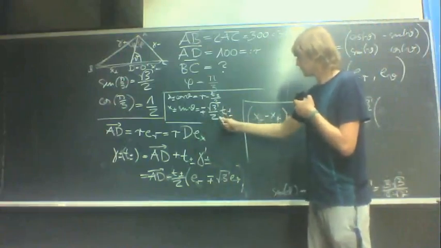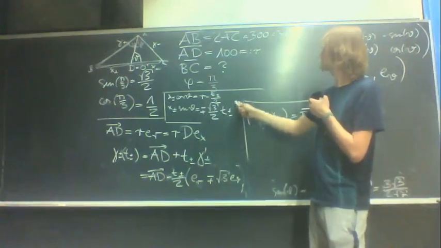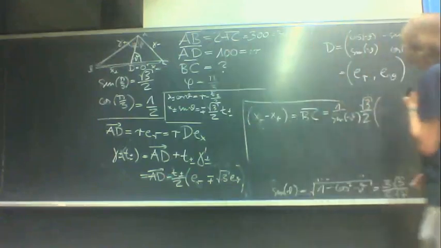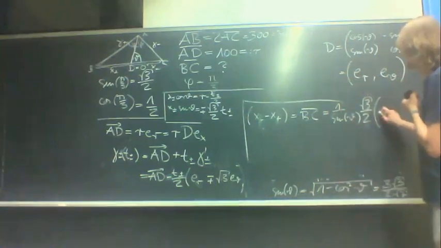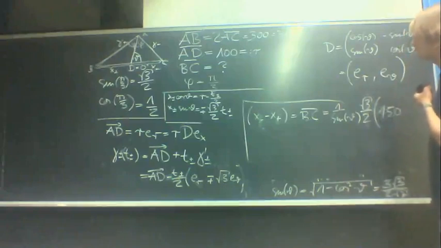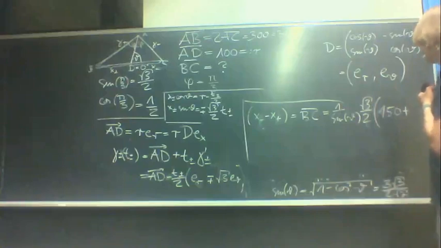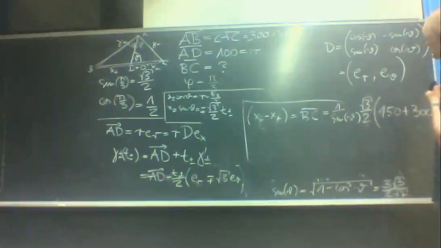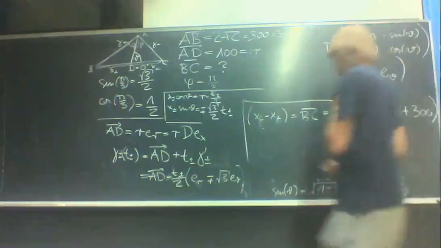Okay, again, so we will have plus square root of 3 over 2 t minus, and t minus is AC. So 150, I think. Let's just insert the values here.